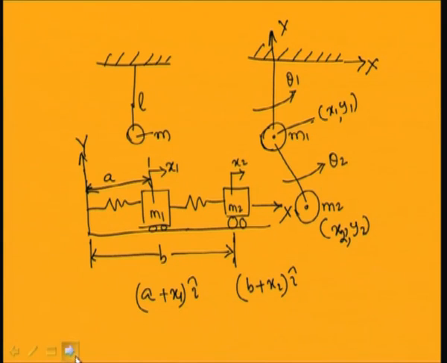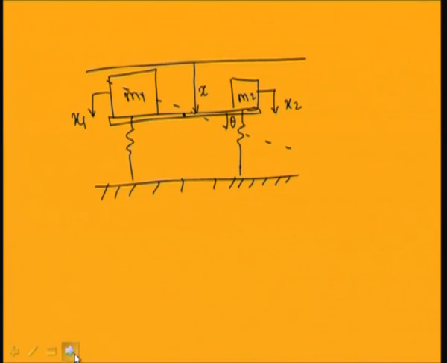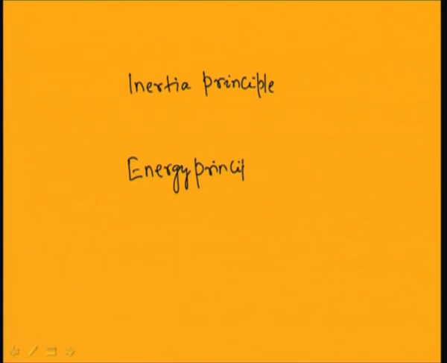Already you know, to derive the equation of motion you may use the inertia principle, or you may go for the energy principle. So, in today's class I will tell you how to derive the equation of motion by using both the inertia principle and the energy principle.